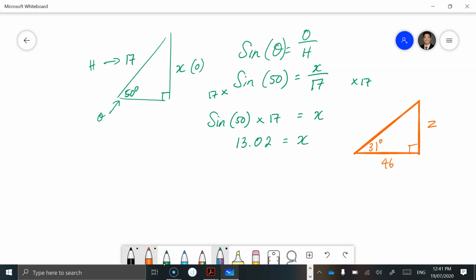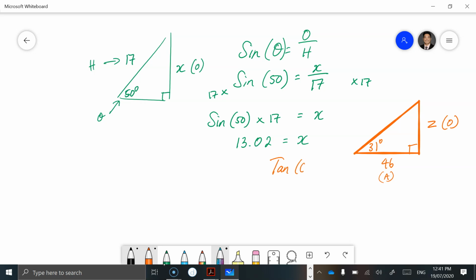Z is our opposite because it is opposite of theta, and this is our adjacent because it is next to theta. We're no longer using the hypotenuse, and the function we'll need is tan.